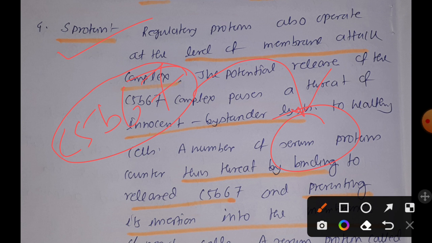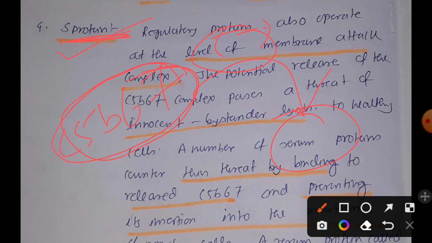To prevent this kind of horrible situation, because if C5b67 can bind with the self cell and insert into the cell membrane, then C9 will bind, because I have told you C5b67 is the receptor for C9, and then it will facilitate the formation of poly C9, and as a result our self cell can be lysed.